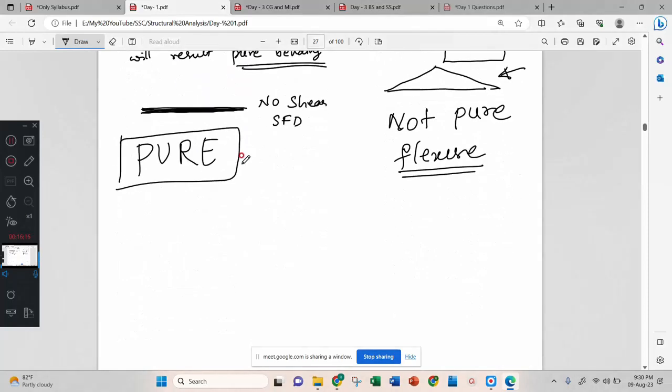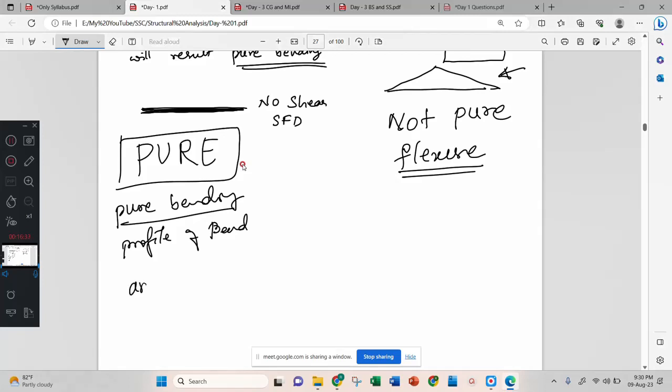Now, when pure bending occurs, the profile of the bend is an arc of a circle, or circular arc. Means this bend is there, no? It is bent like this.